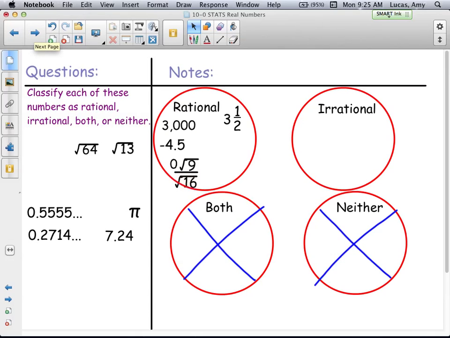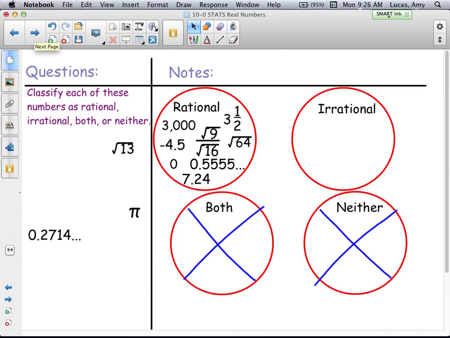This one would be 3/4. This one is 8, because it's a perfect square. This one's a repeating decimal, so that would be 5/9. There we go. So there's only 3 that are irrational here, a square root that's not a perfect square, pi, and 1 bad decimal that doesn't repeat and doesn't end.